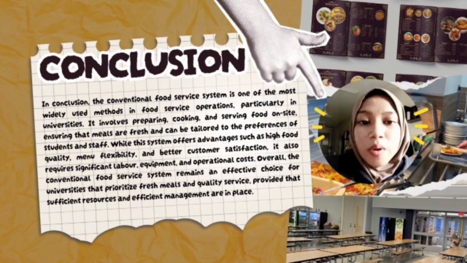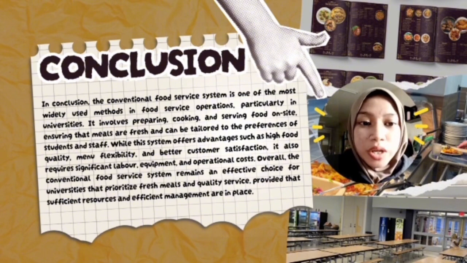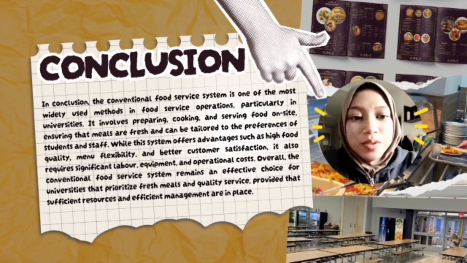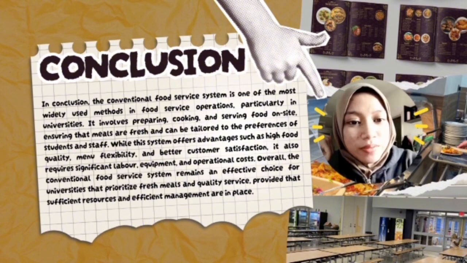While this system offers advantages such as high food quality, menu flexibility, and greater customer satisfaction, it also requires significant labor, equipment, and operational costs. Overall, the conventional food service remains an effective choice for university that prioritize fresh meals and quality service, providing that satisfaction.